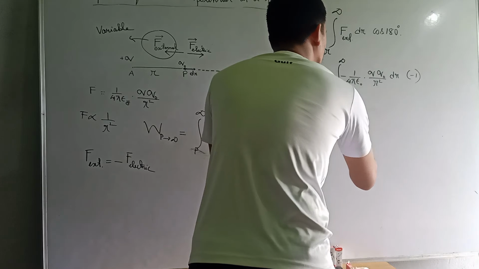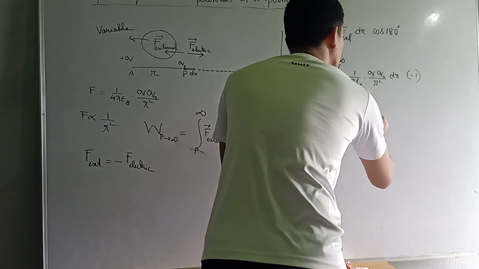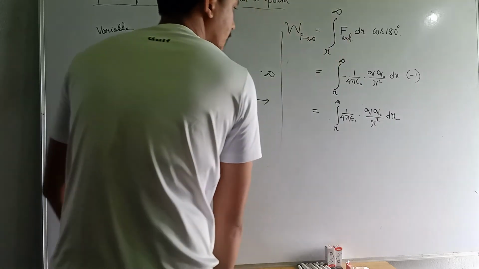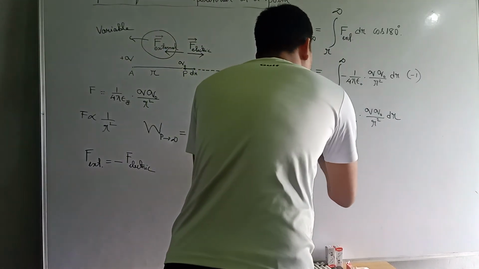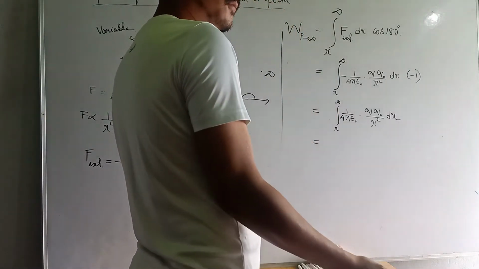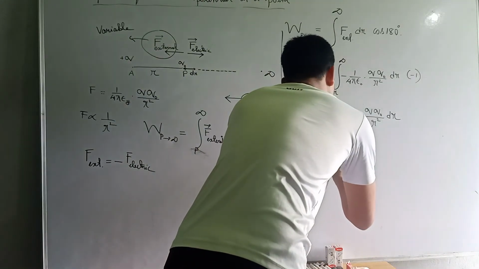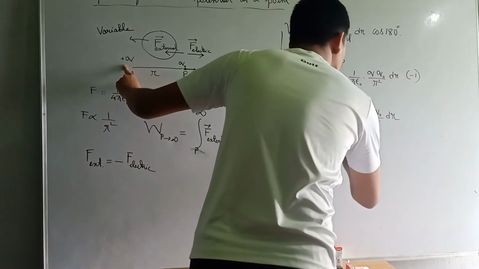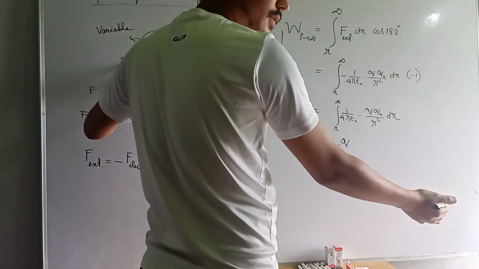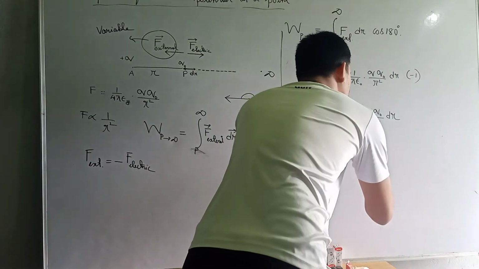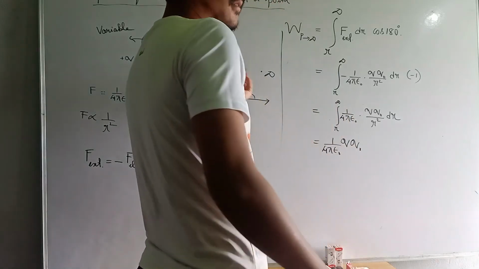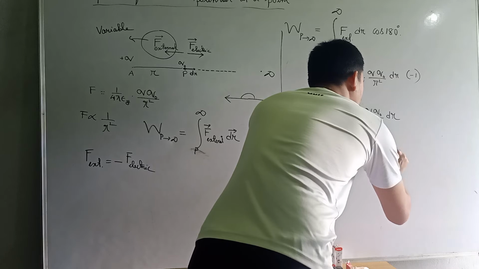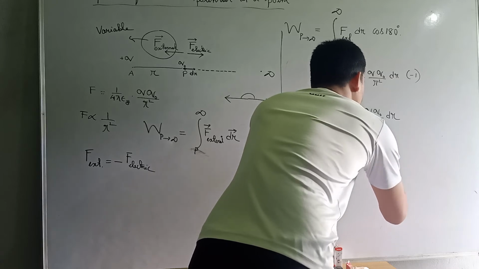From r to infinity, 1 upon 4 pi epsilon naught into q naught upon r square times dr. 1 by 4 pi epsilon naught is a constant. The magnitude of the test charge q naught remains the same; it never changes. Here r is your variable, we are changing r, so I will integrate dr upon r square within the limits r to infinity.